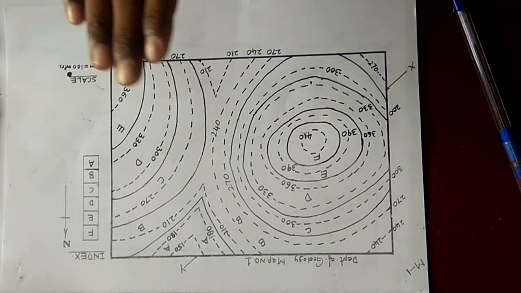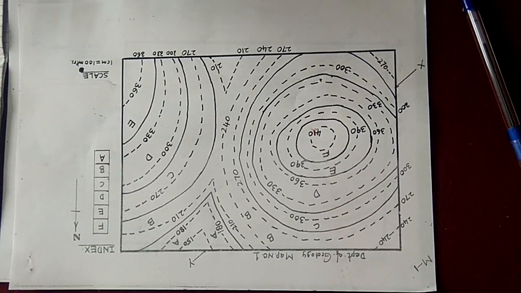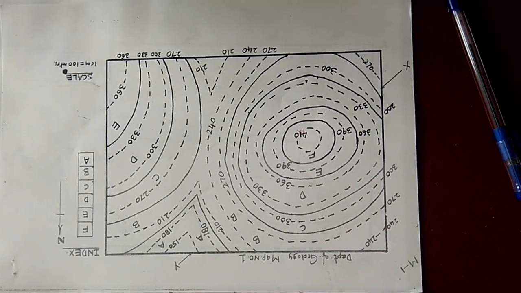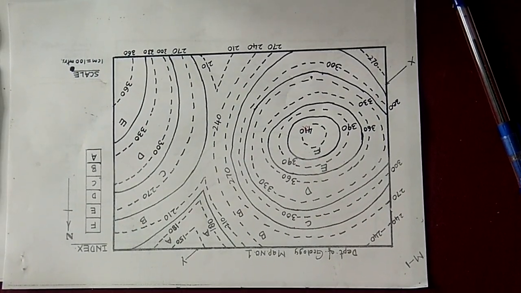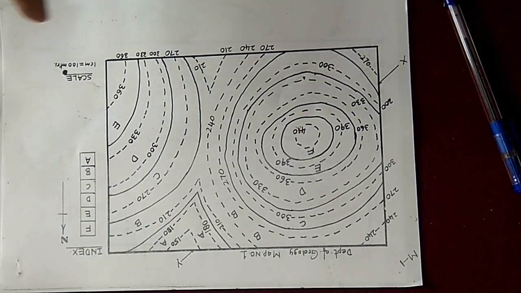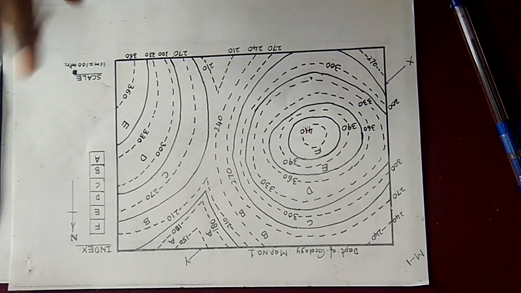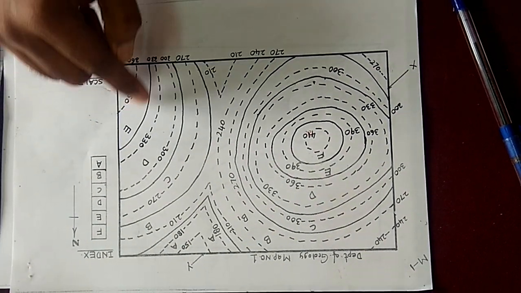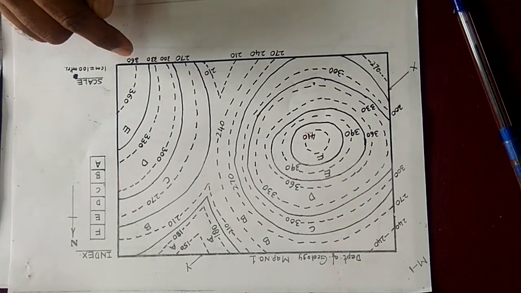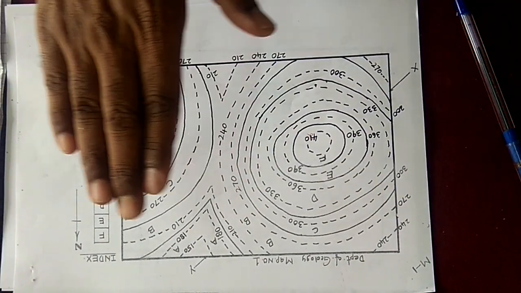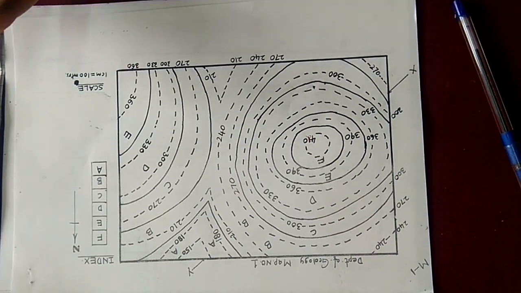Since beds are deposited horizontally, we need not calculate the dip direction as well as the amount. Once again, if the discontinuous lines are parallel to the continuous lines, it means contour lines are parallel to the bedding planes. Here beds are horizontal.